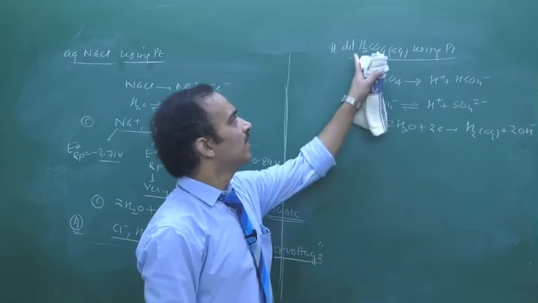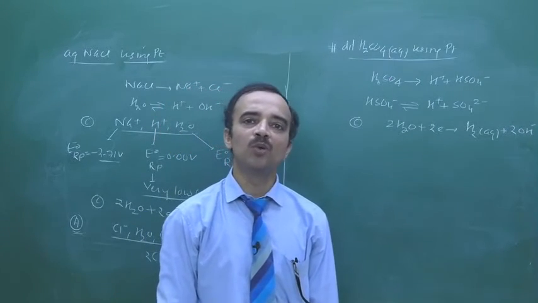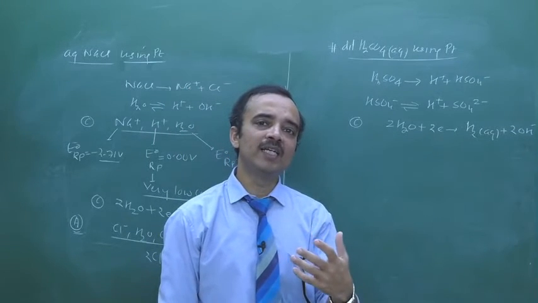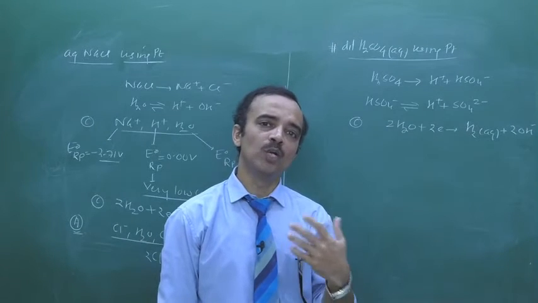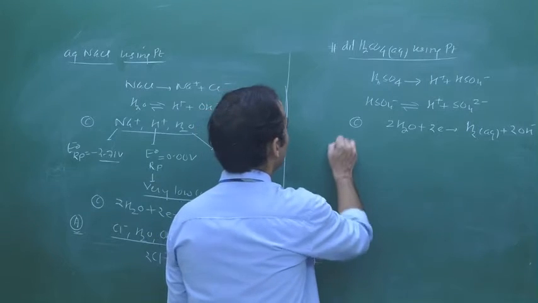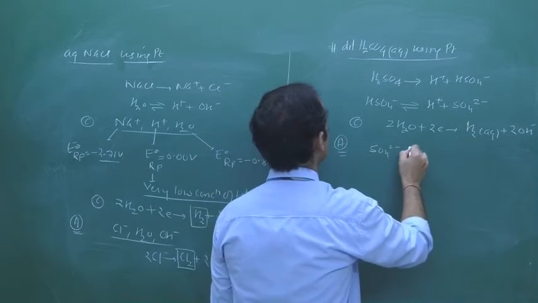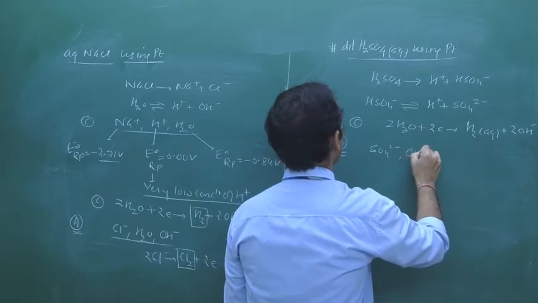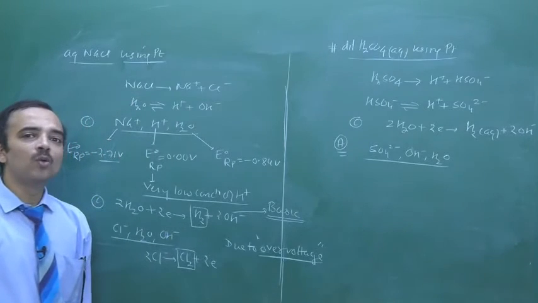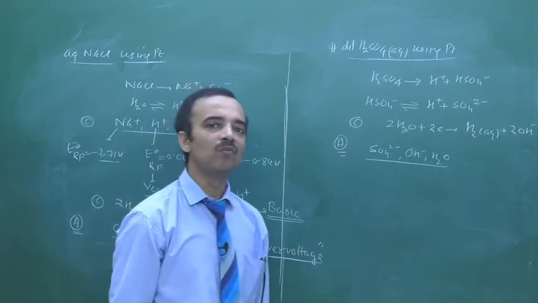If it is dilute, then the concentration of H plus is small, and in that case instead of H plus, H2O gets reduced. Now at the anode there is competition between sulfate, OH minus, and water. Where did OH minus come from? OH minus came from water.